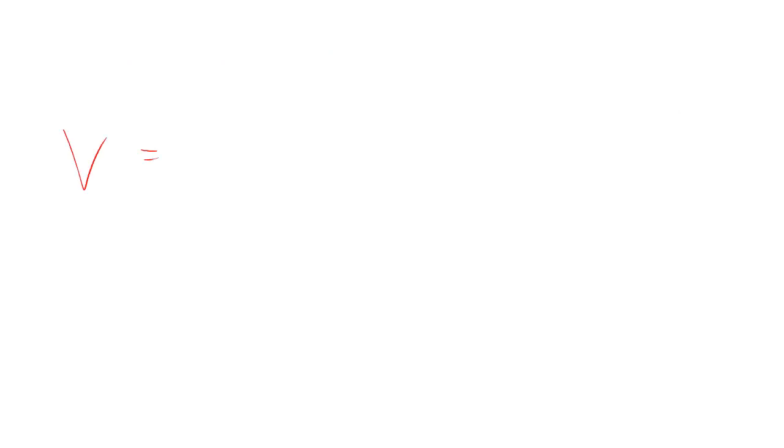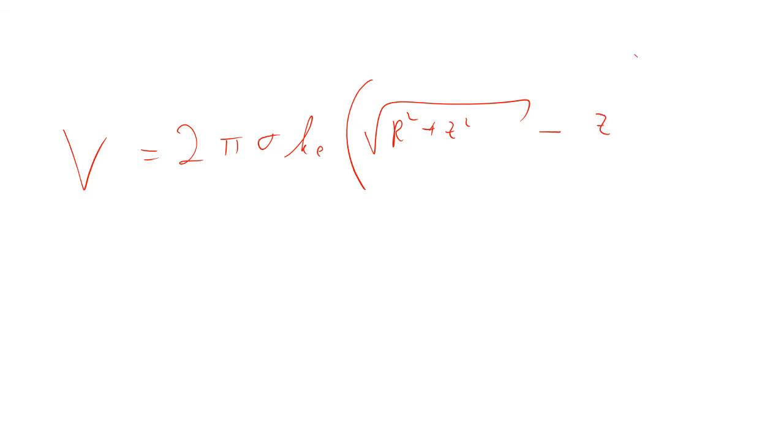That means that the electric potential is going to be 2 pi sigma k sub e times the square root of R squared plus z squared minus z.